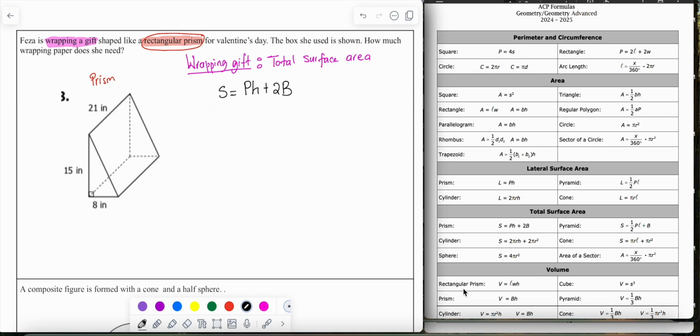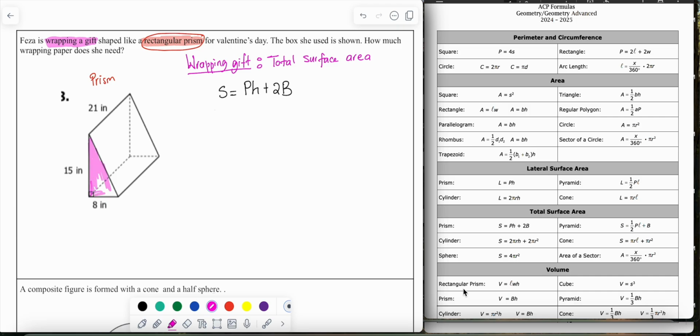All right. So this is a prism, and a prism always has 2 identical bases. Now, where are those 2 identical bases? It's over here and over here. Every prism always has 2 identical bases. So it means that this part has to be the base.